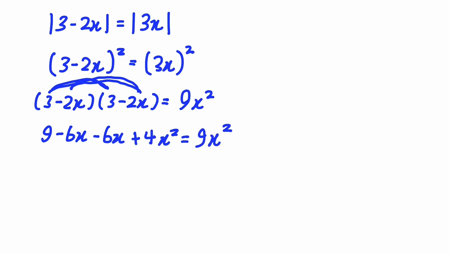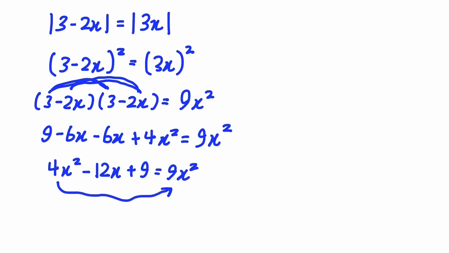And we want to change the formula so it is in the form ax squared plus bx plus c equal 0. So what we will do here, let's clean it up a bit. 4x squared minus 12x plus 9 equal 9x squared. We will move the 4x squared to the other side and move the whole equation to the right side.